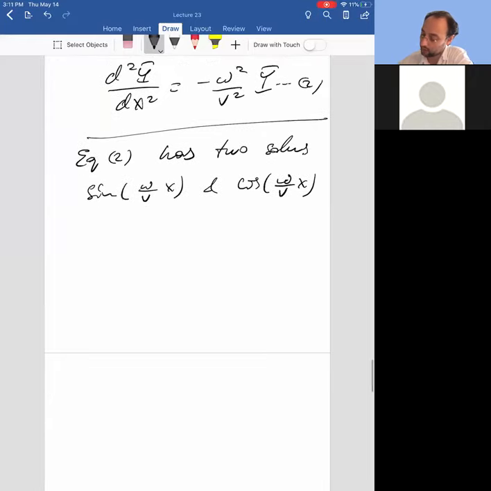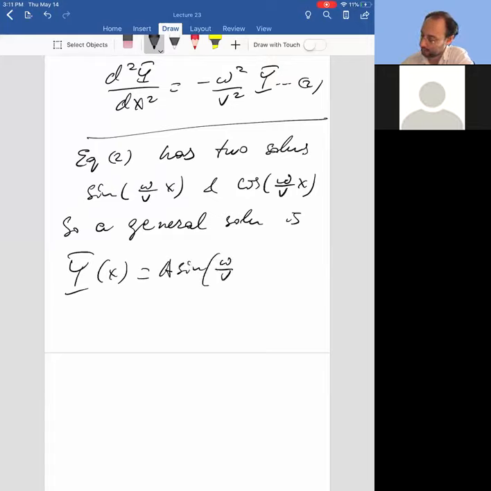So a general solution is y of x equals some constant a times sine of omega over v x, plus some other coefficient b times cosine of omega over v times x.